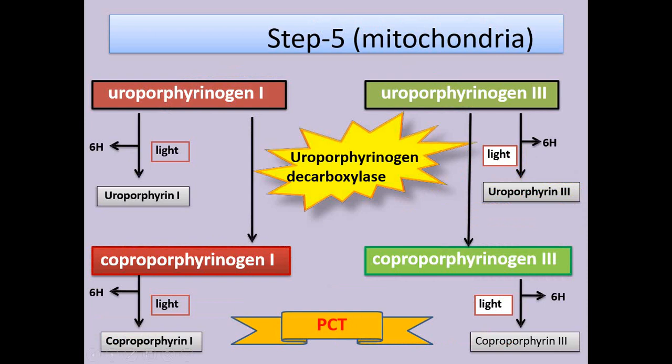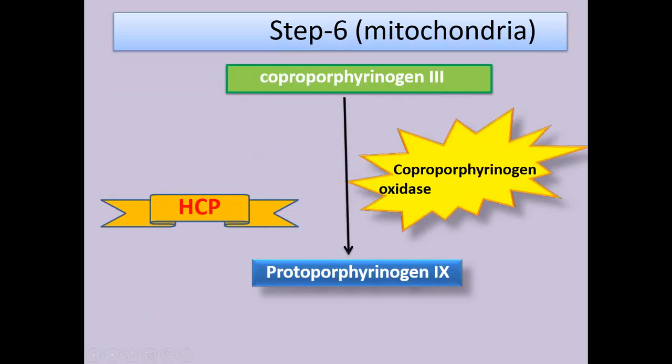Then step 5 occurs in the mitochondria, and uroporphyrinogen 3 is changed by the enzyme uroporphyrinogen decarboxylase into coproporphyrinogen 3, and coproporphyrinogen 3 then changes into protoporphyrinogen 9 by the enzyme coproporphyrinogen oxidase.